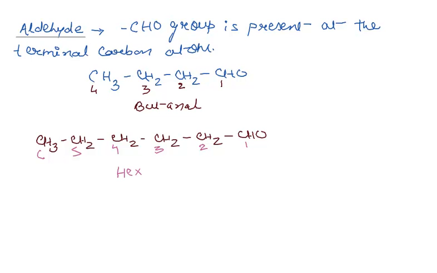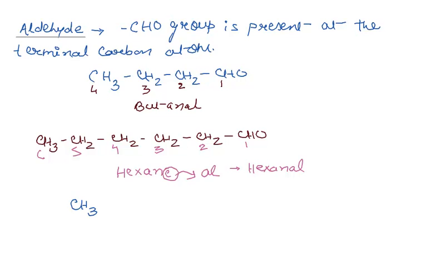Hex, right? And what type of bonds between the carbon atoms? Single. So it should be ane, right? Ane, replacing this E by al. What would be the name? Hexanal. Clear?